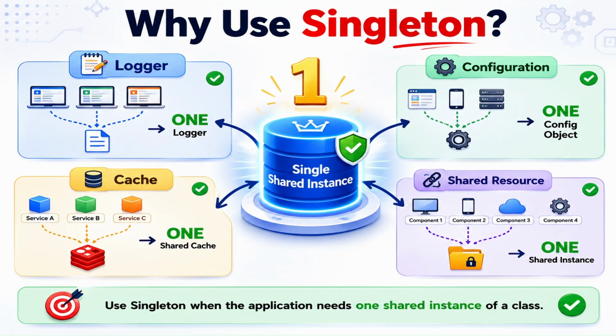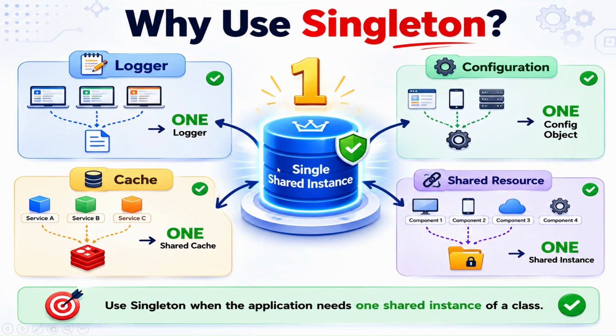Whenever there is a requirement to create only one object, then we use the Singleton Design Pattern. You can see the simple one-liner here: use Singleton when the application needs one shared instance of a class.